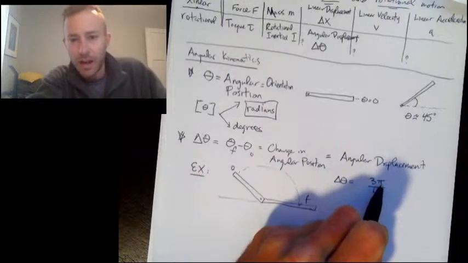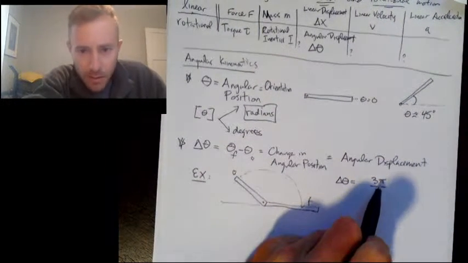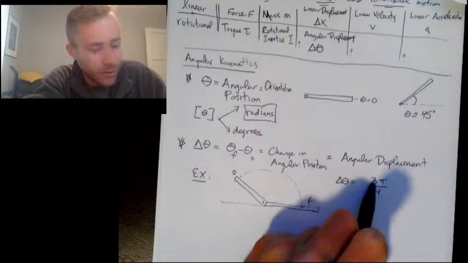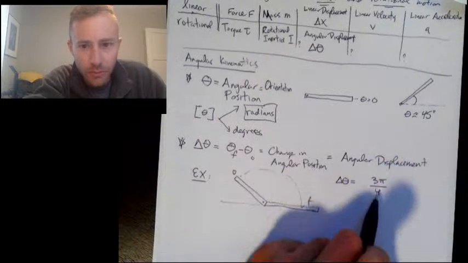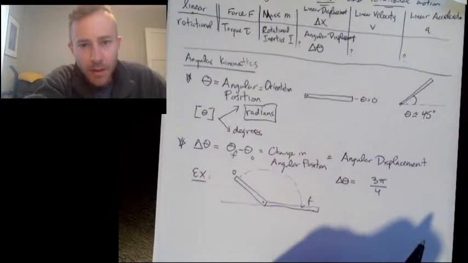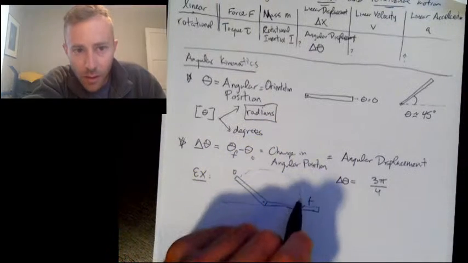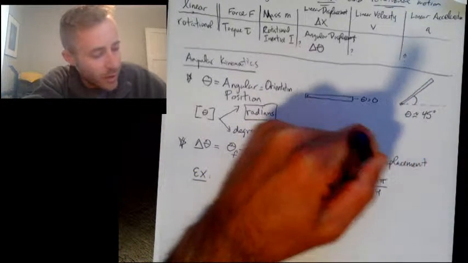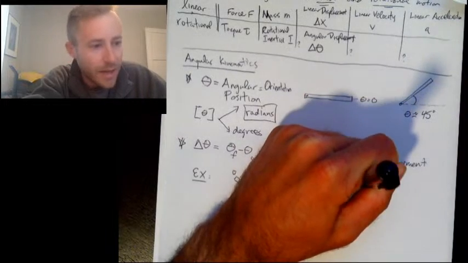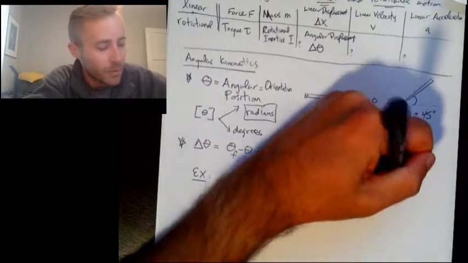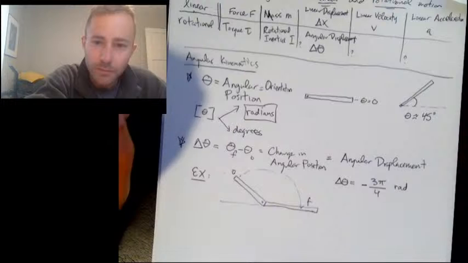Because you have pi as a half circle, and it's 3/4 of a half circle, so it's 3 pi over 4. That rotation is in the clockwise sense, so that is an angular displacement of negative 3 pi over 4 radians.